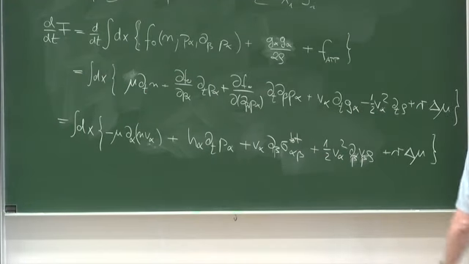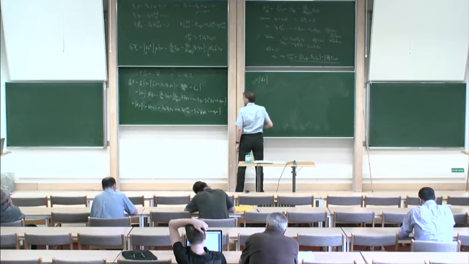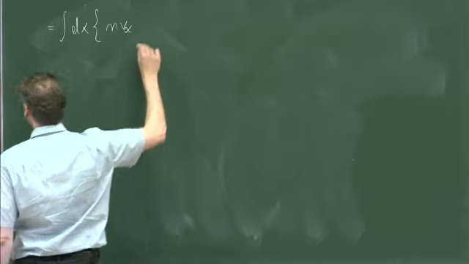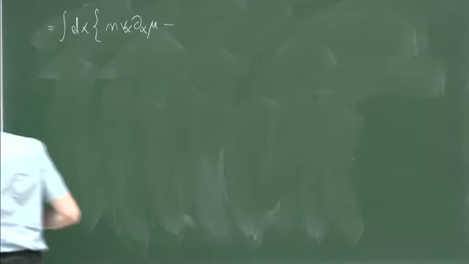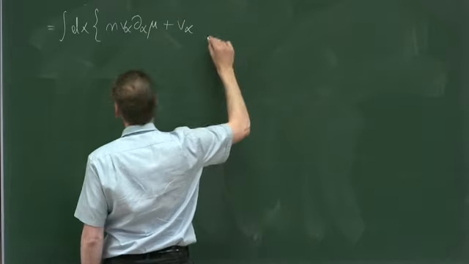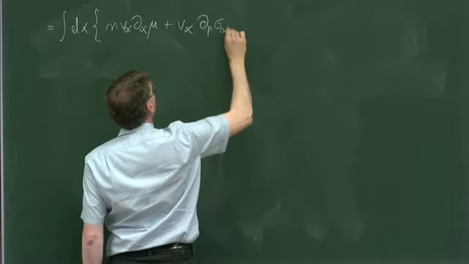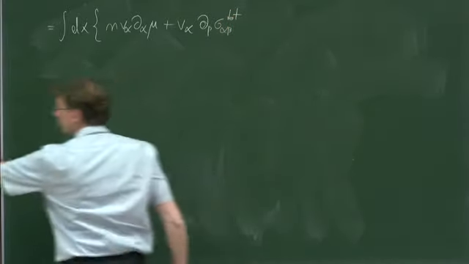So what I get from that is n v alpha d alpha mu, and let's continue first with this term here, plus v alpha d beta sigma alpha beta total, and then we have this term here.